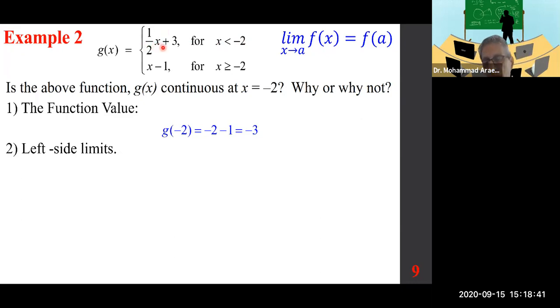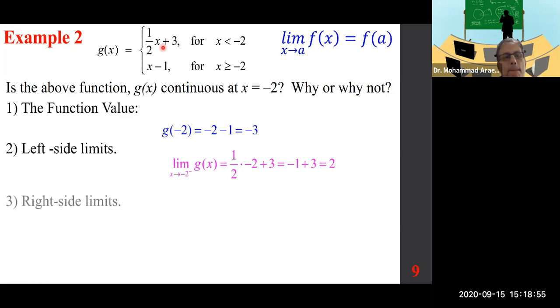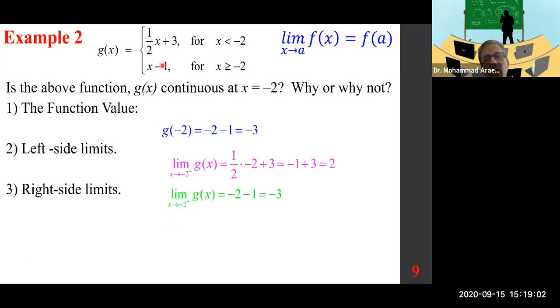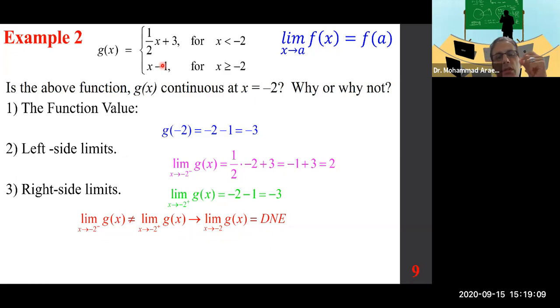For left-sided limit, 1/2 times x, we replace it with -2 plus 3, and we end up with 2. Right-sided limit, x is larger than or equal to -2, we go with this piece, we calculate that, we get -3. As you can see, obviously the limit does not exist. And because the limit does not exist, the function is not continuous at -2.